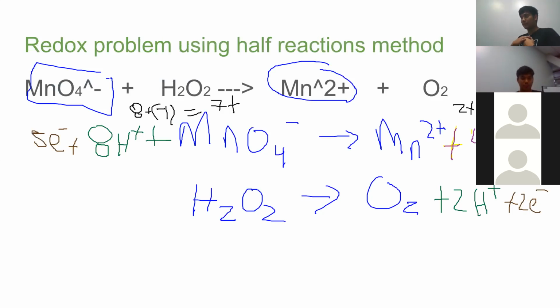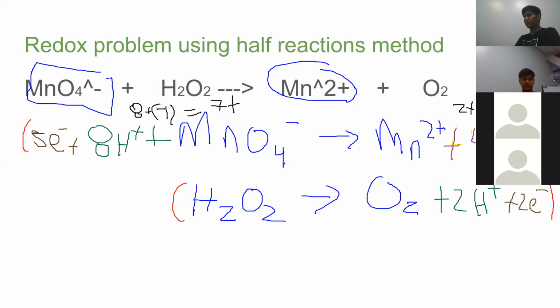Now that we have all of that, what we have to do is balance out the electrons. What I mean by that is that we have to make sure that all of our electrons cancel out. So on the top part, we have 5 electrons, and on the bottom reaction, we only have 2 electrons.